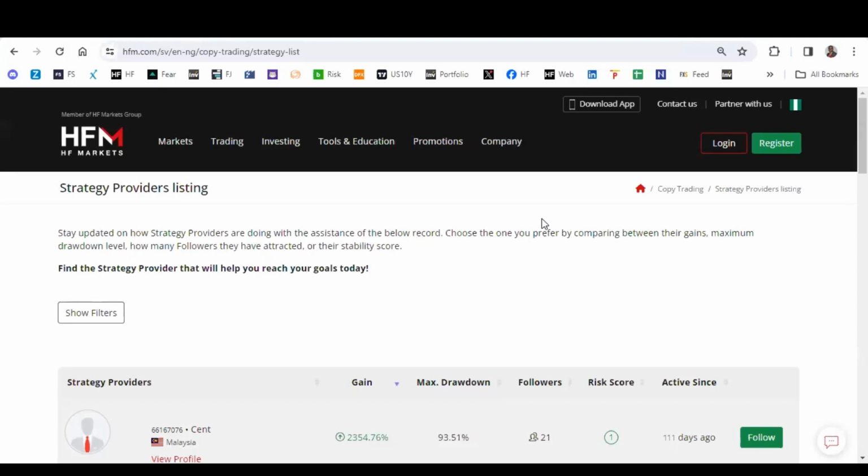Better still, you can also talk to your account managers, or chat with us live on support. There's a support icon here, live support on the website. Chat with us on support, and we can always attend to you and help you out.